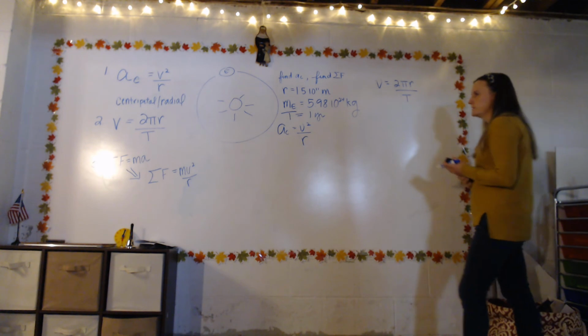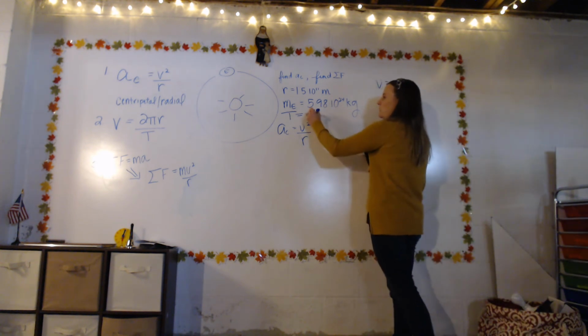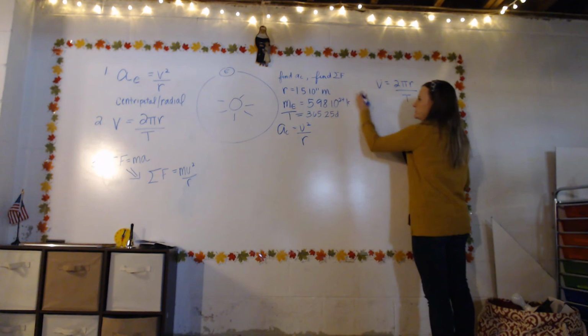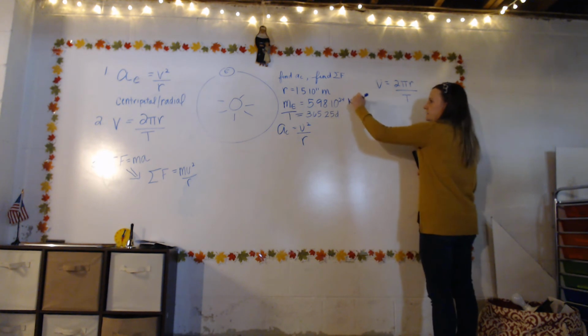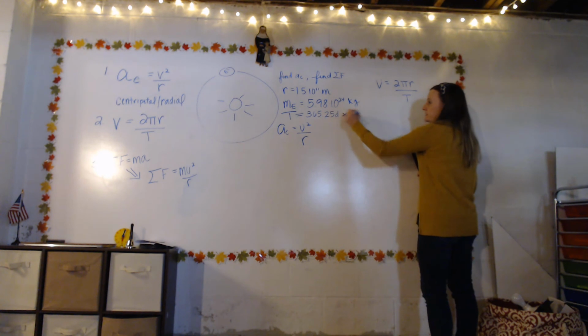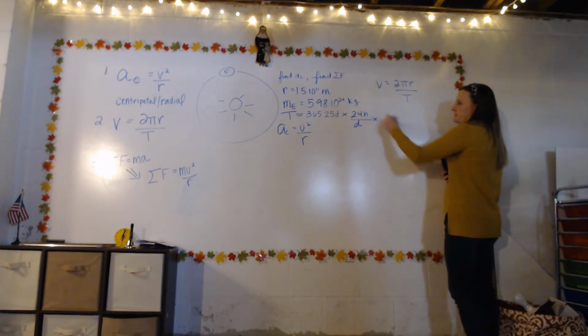Okay, so let's convert a year into seconds. So 1 year, let's call it 365.25 days to be proper. If you were solving this problem on a quiz and you said 365, that's fine. So there's 365.25 days in a year, and I'm going to get this into seconds. There's 24 hours per day, and let me convert hours into seconds. There's 3,600 seconds per hour.